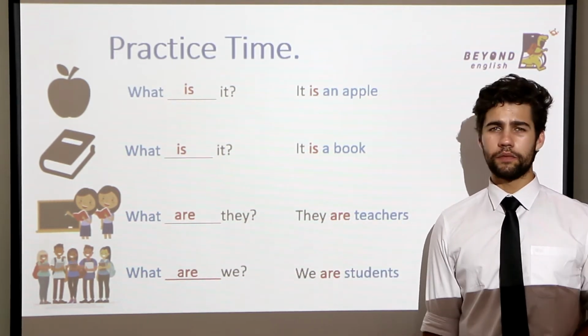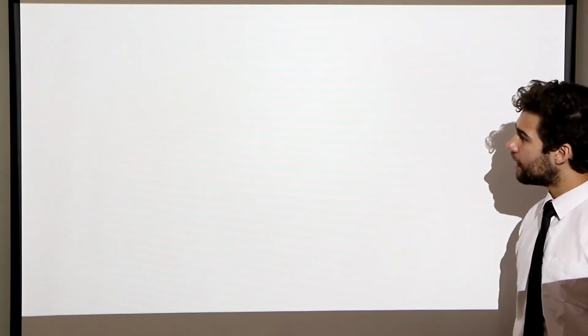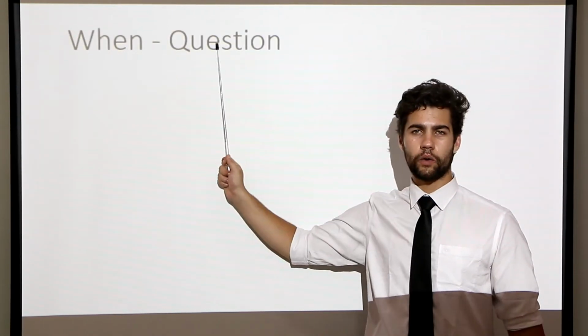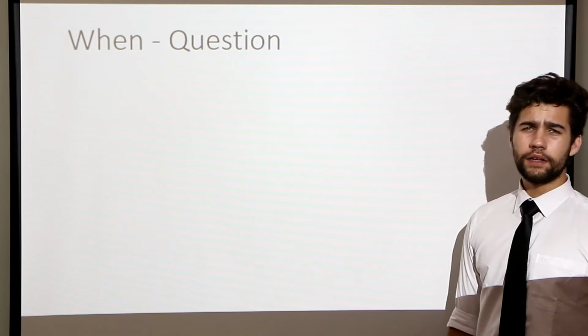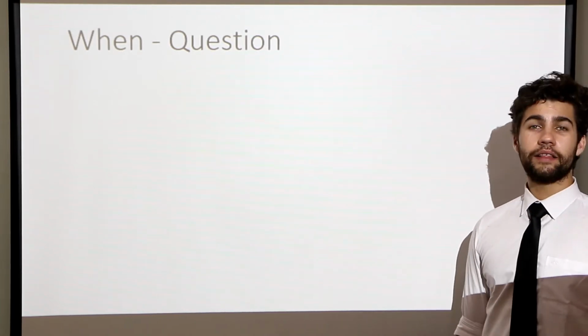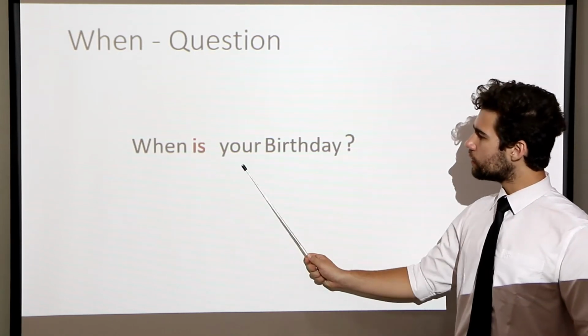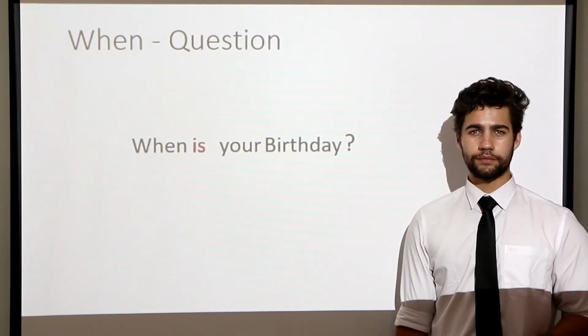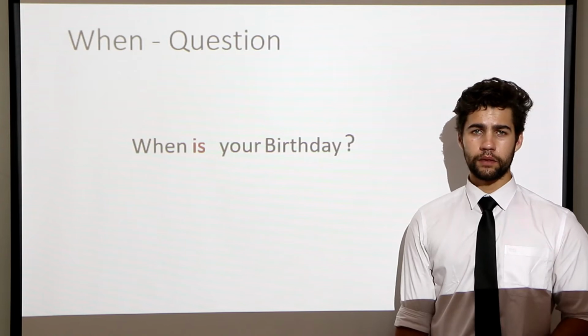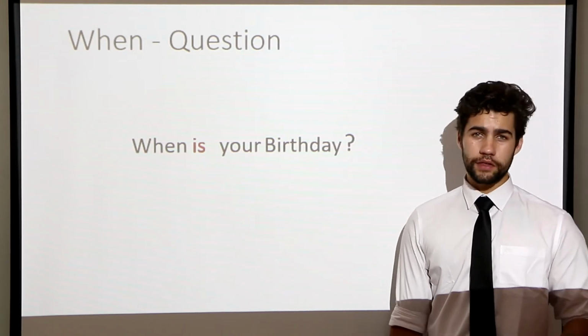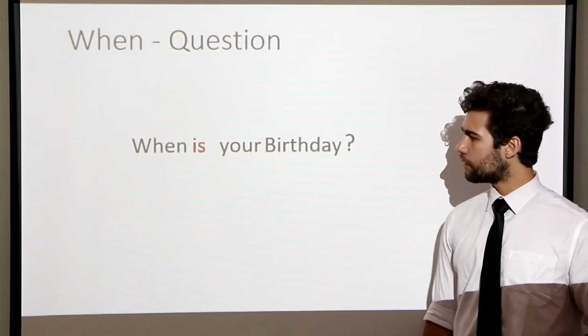Now, let's move on. Next, we have the when question. So, let's take a look at the sentence. When is your birthday? Very good. So, we have the same structure as before.